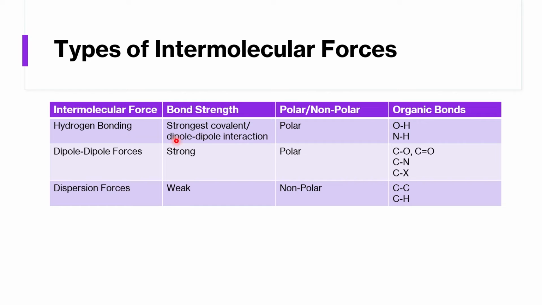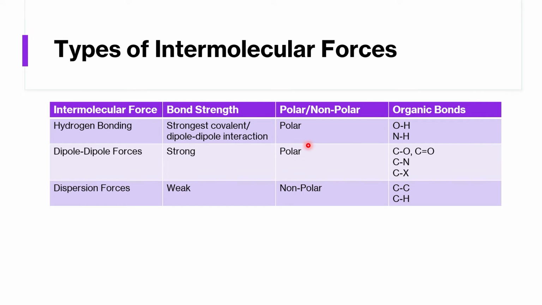So for hydrogen bonds, they have the strongest bond strength. We consider them to be polar. And for organic bonds, we're looking at OH and NH bonds. These bonds are what lead to some of the strongest intermolecular forces, and that will have a large impact on physical properties. Dipole-dipole forces have strong bond strengths as well.